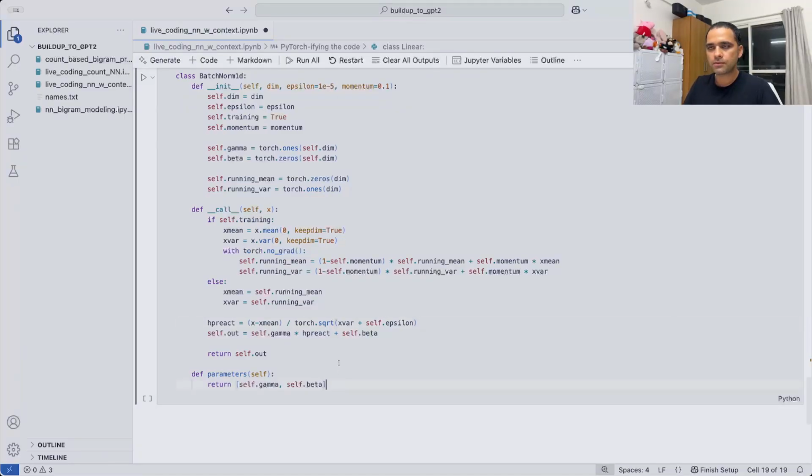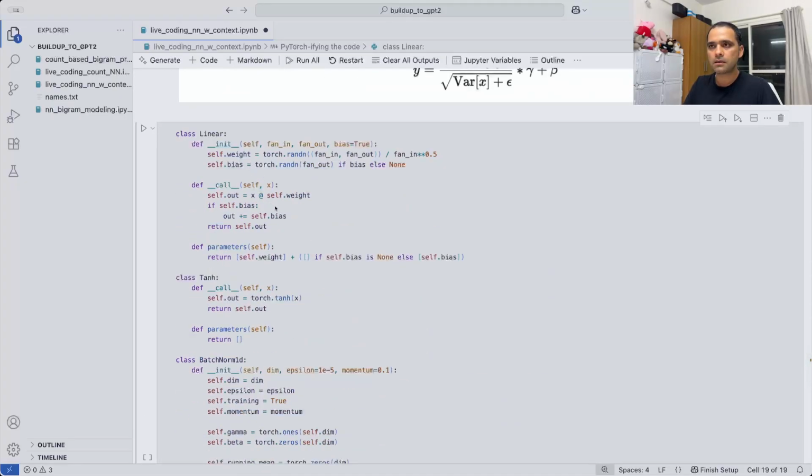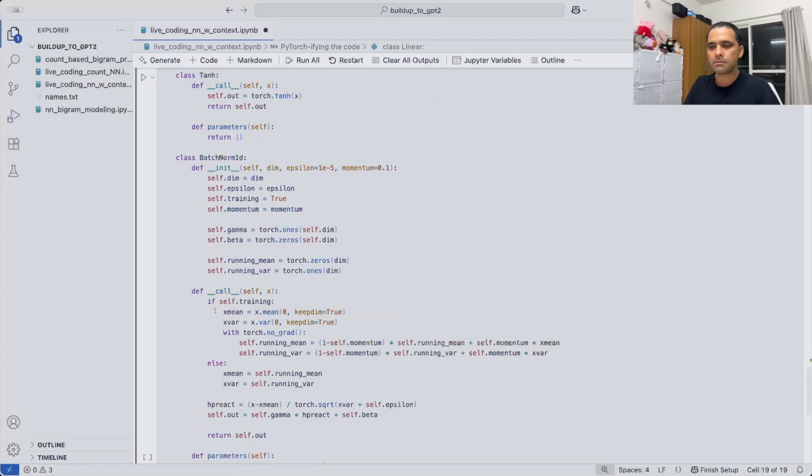Alright, so we have all our modules defined: linear, tanh, and batch norm.